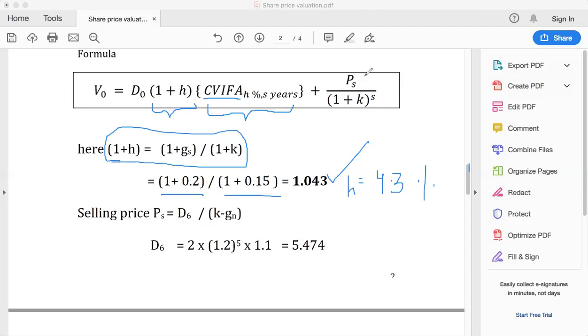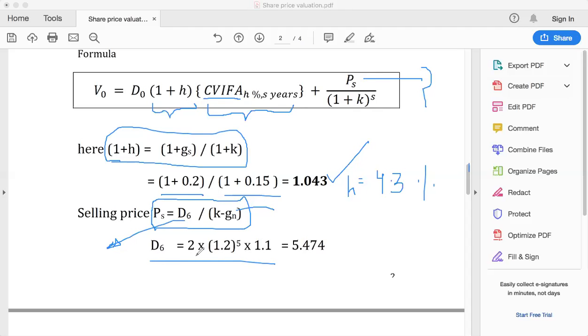Now what about this one? What about the selling price or the capital gain? Since it's a share held till infinity or perpetuity, D6 will keep on growing at the rate G normal now, not supernormal, but normal. So as we did in the previous example, question number 3, we can just plug in that value.